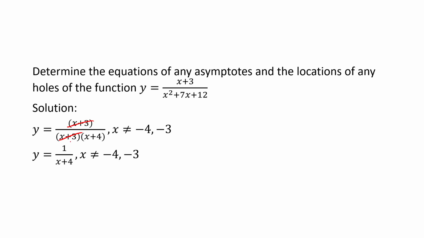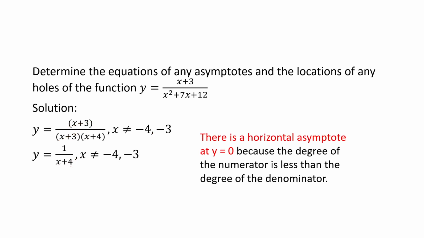We had an x + 3 in the denominator, but after simplifying, it got canceled out. So that tells me there's going to be a hole at x = −3. But x = −4, while it originally made the denominator equal 0, still makes the denominator equal 0 after simplifying. That tells me I've got a vertical asymptote there.